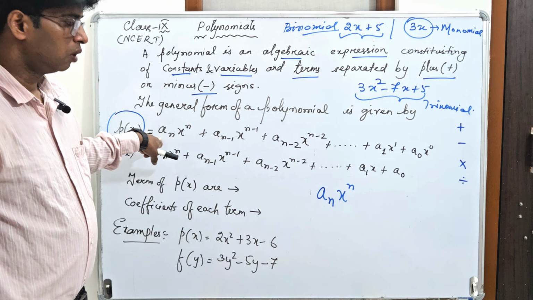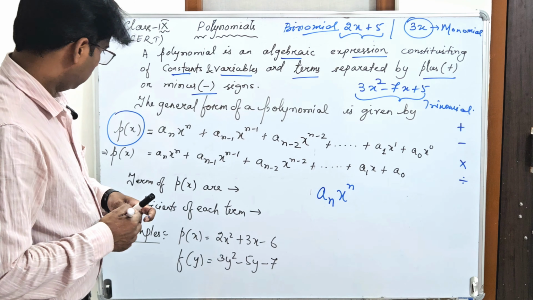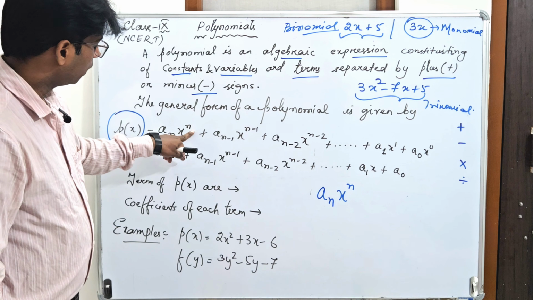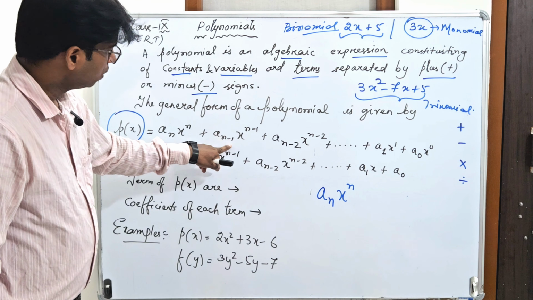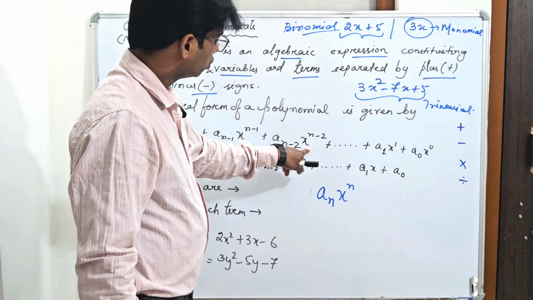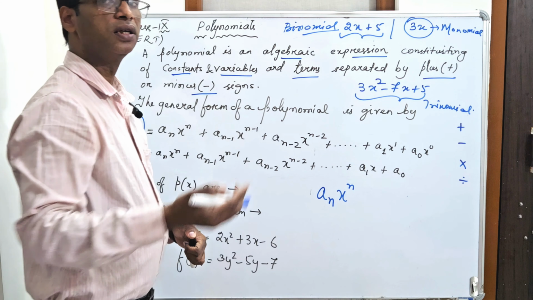Okay, I will be discussing that in the next discussion. So I have written what? a n x to the power n plus a n minus 1 x to the power n minus 1, a n minus 2 x to the power n minus 2 plus dot dot dot, because I don't know how many terms will be there.